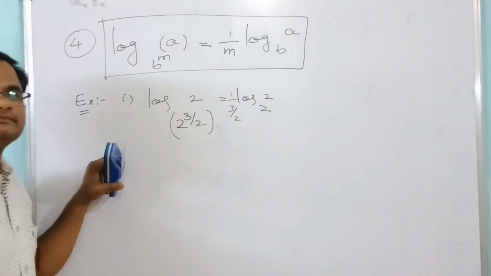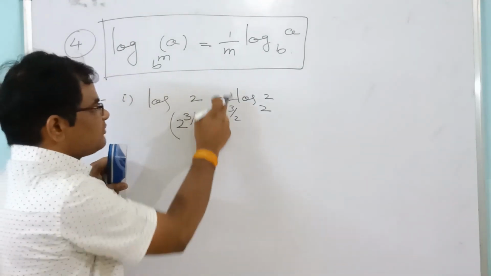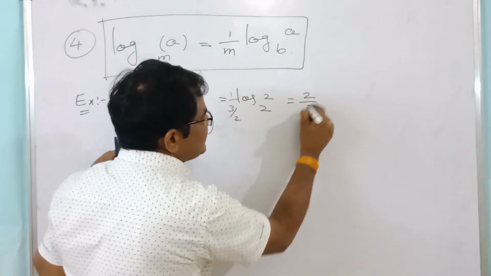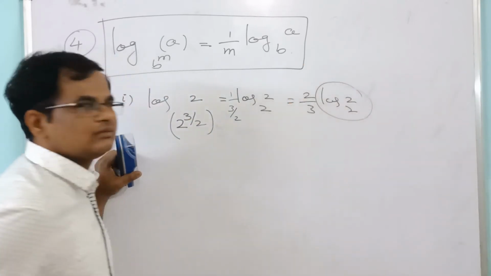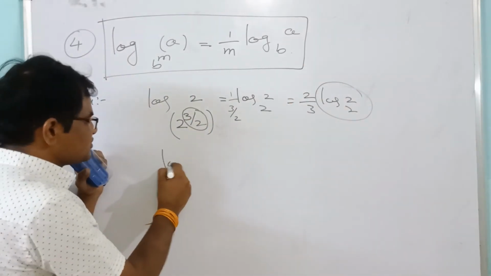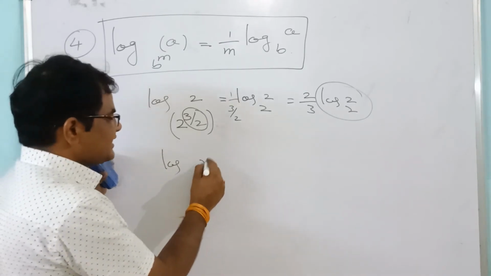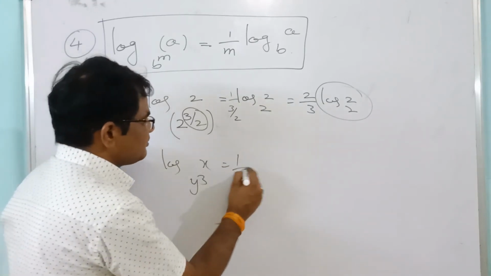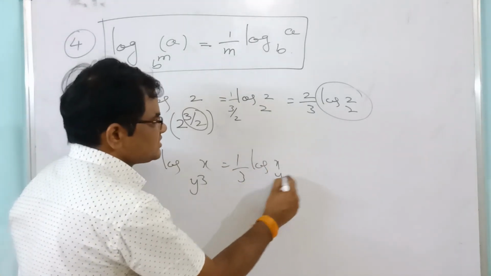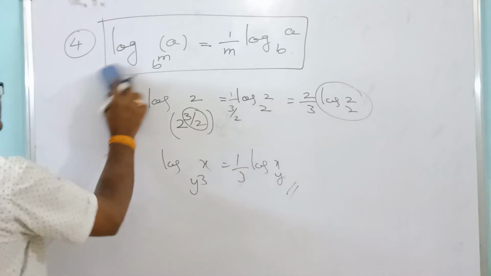Can you write? Reciprocal of this one, 1 by 3 by 2, that is equal to 2 by 3 log 2 base 2, right? Next, suppose log of x to the base y cube. How to write? 1 by 3 log x to the base y. That's it.